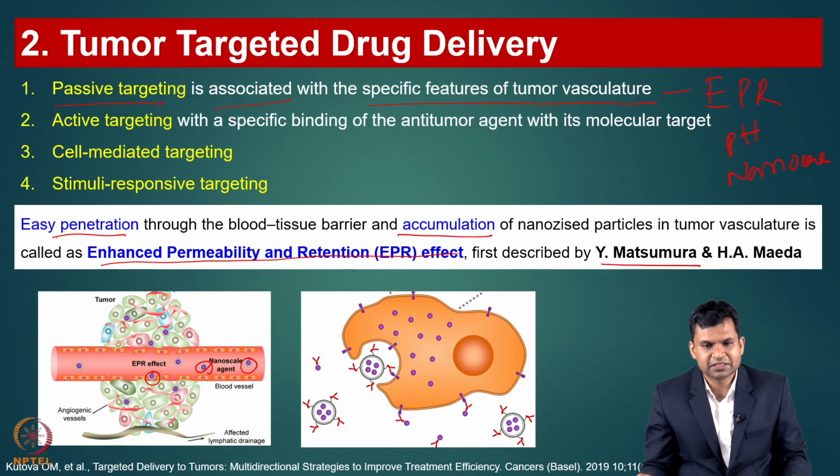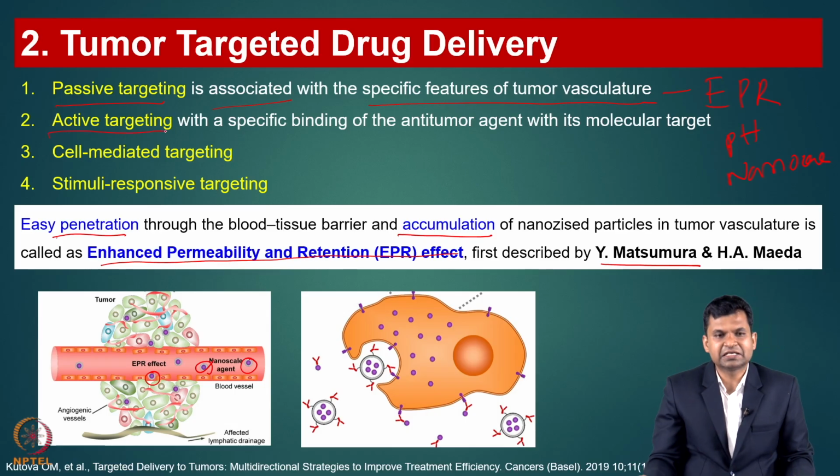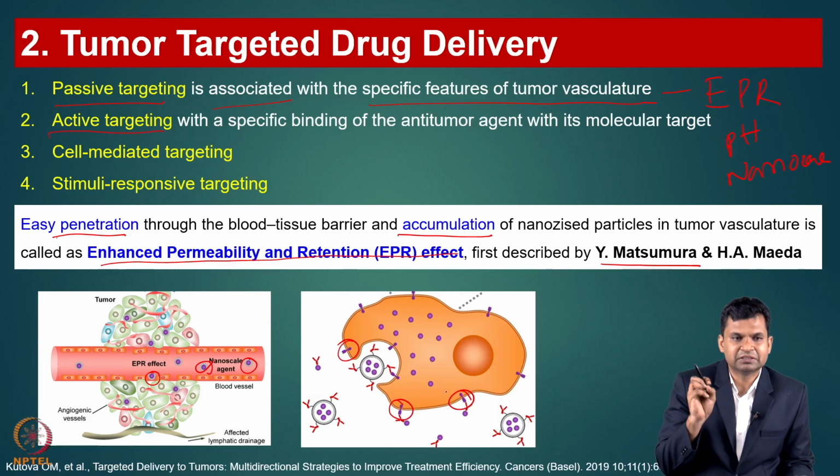That is called the EPR effect. The second one is active targeting, which is based on the overexpression of the receptors. By targeting the overexpressed receptors on the cancer cells, we can target the tumors.